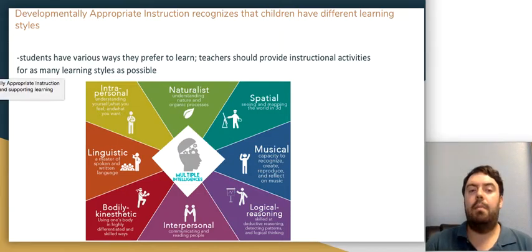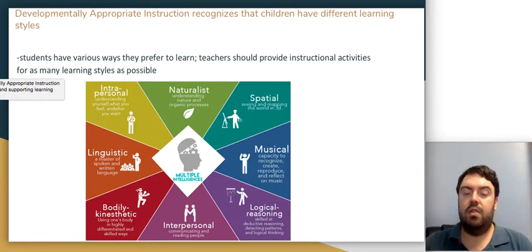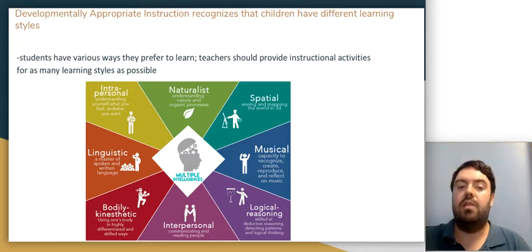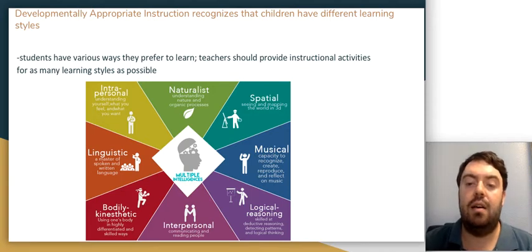Another thing to remember is that developmentally appropriate instruction differentiates to students' different learning styles. So there's various different learning styles, but the consensus and much of academic research is based off of Gardner's 8 learning styles. And you can see them here in this chart.